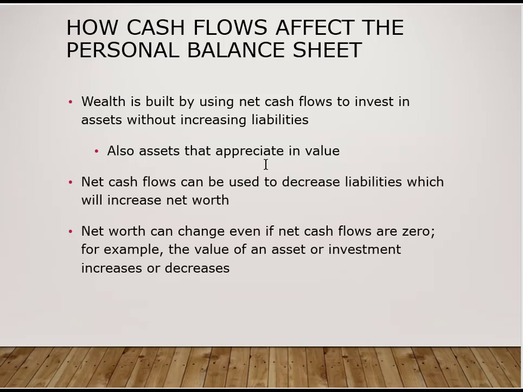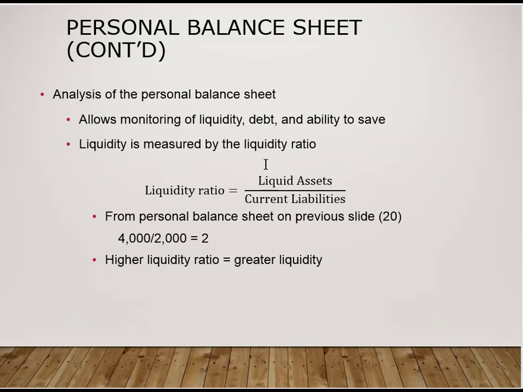Now, in conclusion, we want to talk about a few ratios. There's something referred to as a liquidity ratio. You take the liquid assets and divide it by current liabilities. It just talks about our ability to make payments, our ability to save. So again, for a personal balance sheet, this came from slide number 20, 4,000 in liquid assets, 2,000 in current liabilities.